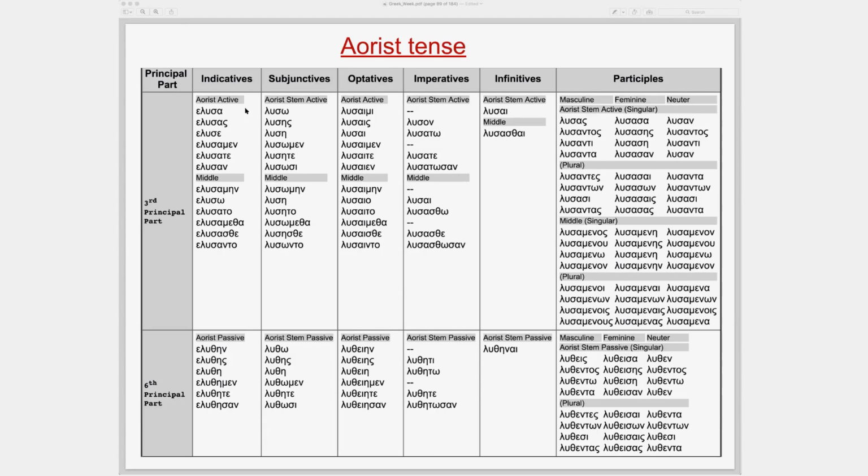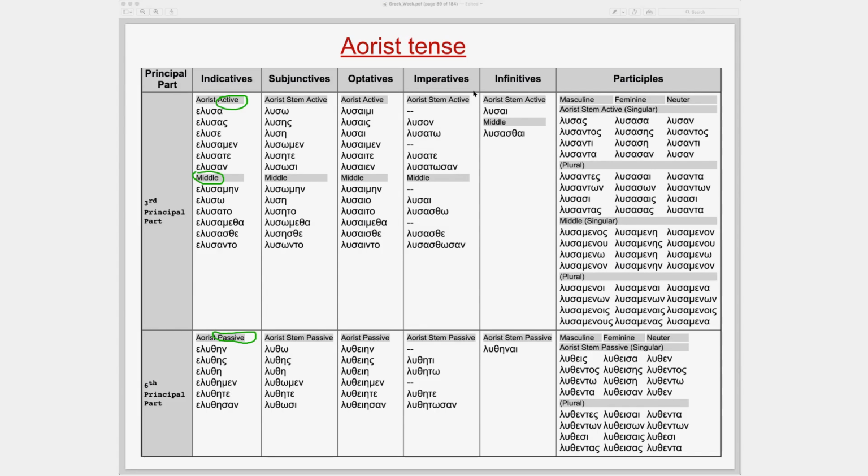So you've got active, middle, passive. You have subjunctives, optatives, the imperatives, all the participles, everything.